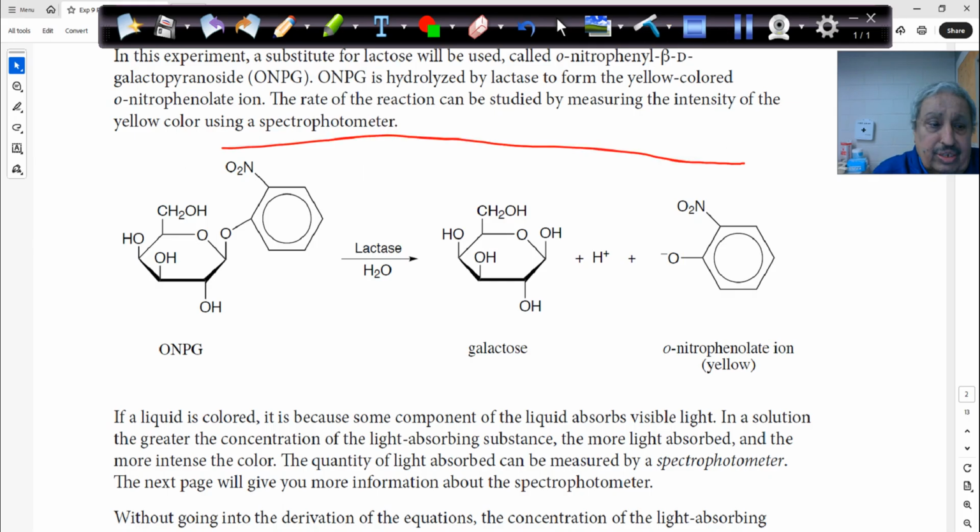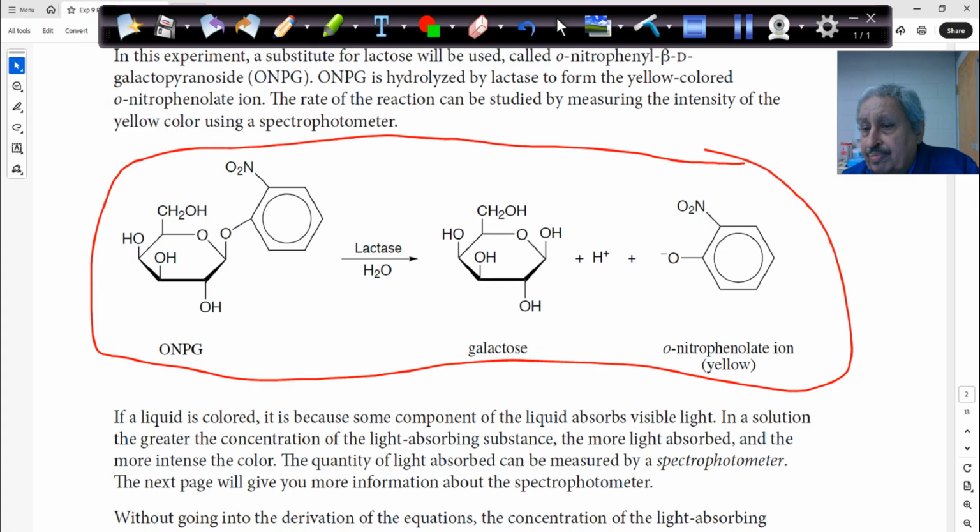So what we are doing in this reaction here, we'll be following first the concentration. We will do it in 3. As a matter of fact, we can make 4 factors that the enzyme activity will depend on.